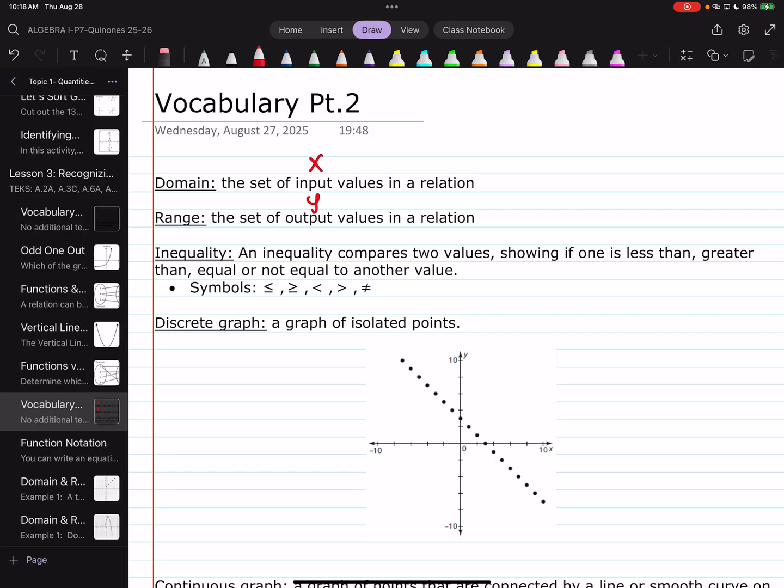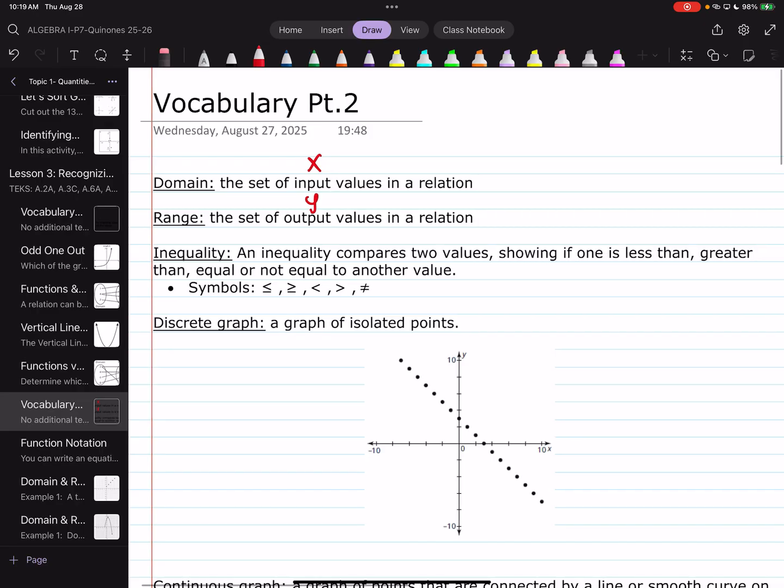Now I want us to also remember, when we look for where a graph exists in the domain, we see where it goes from left to right. Super important. This is where every student struggles when finding domain. You start from how far to the left it goes all the way to the right, just like a book, right?